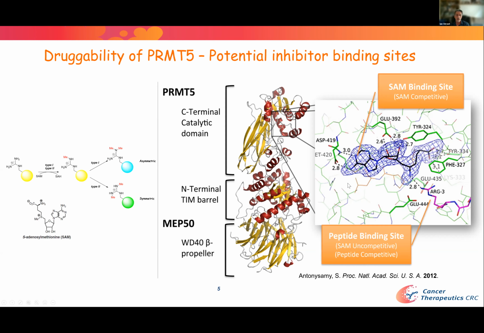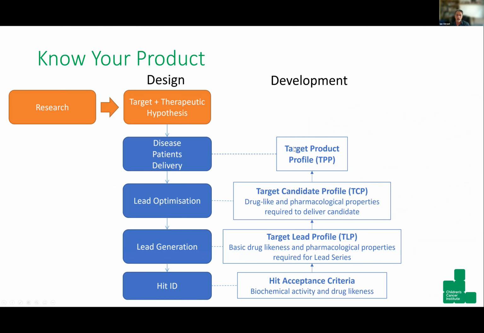In terms of its druggability. The next step in launching a drug discovery program is the design phase. And this really starts at the end of the process, where you want to get to. So based on the biology, you ask a number of questions. What diseases are we going to treat?